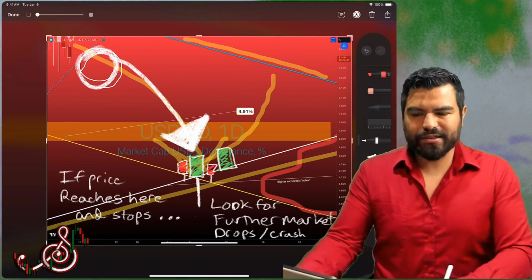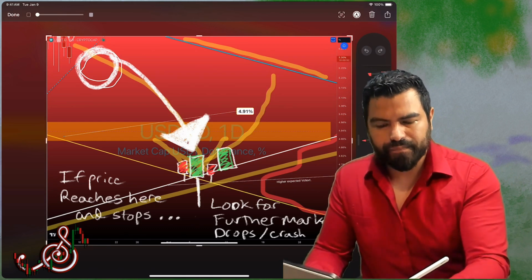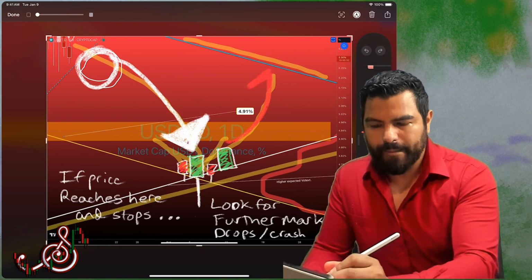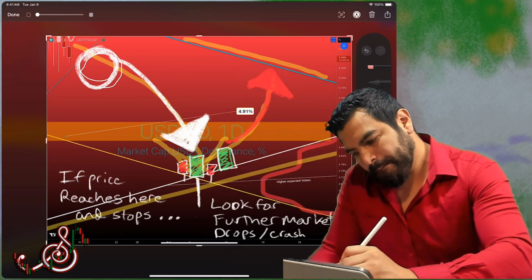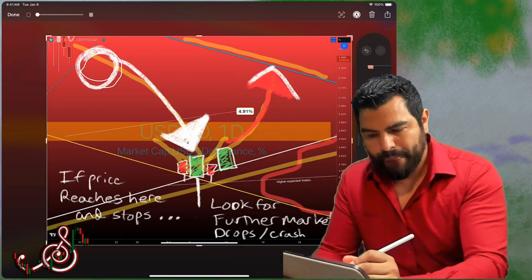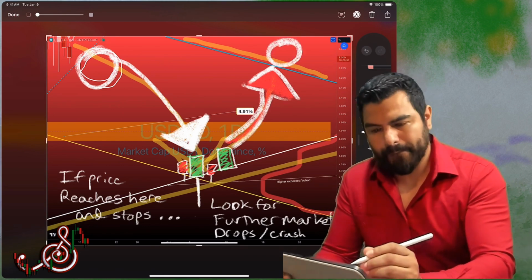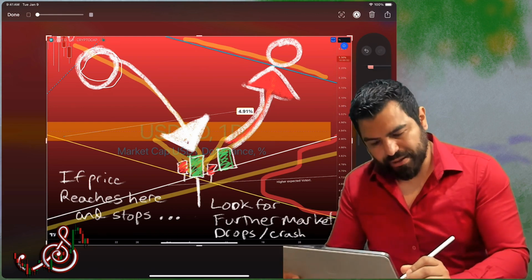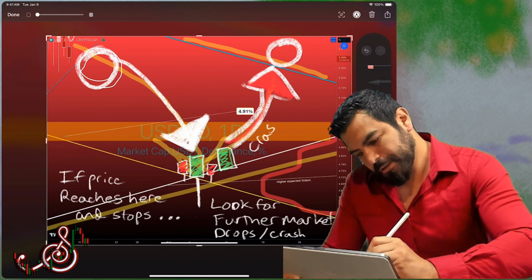The reason is because the next move is going to be up. And that up move can get us here. And I'm going to put the word crash.